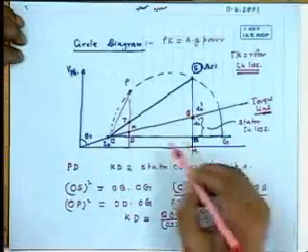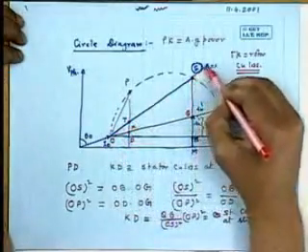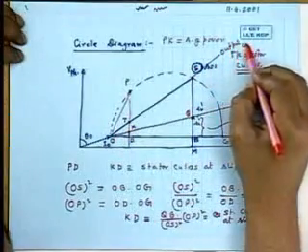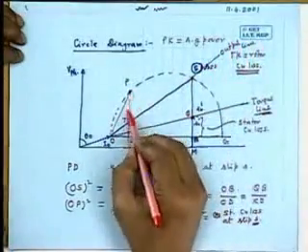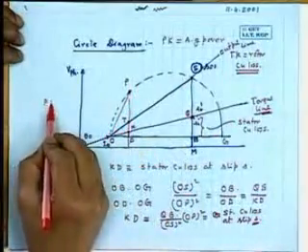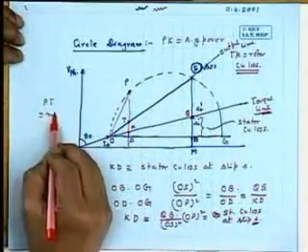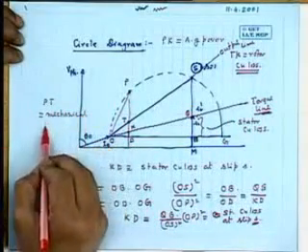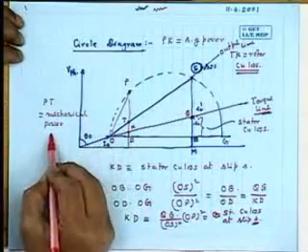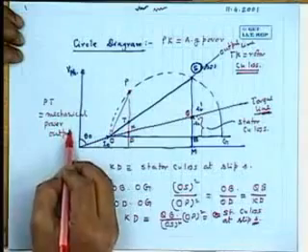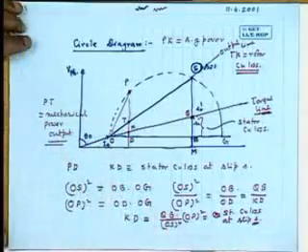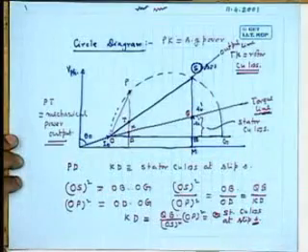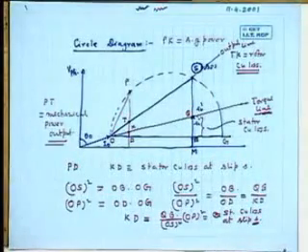Which one is the output line? Output line is this one. This one is the output line, because the length PT is the mechanical power output of the machine.